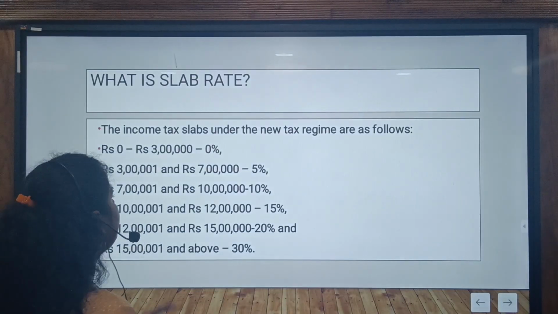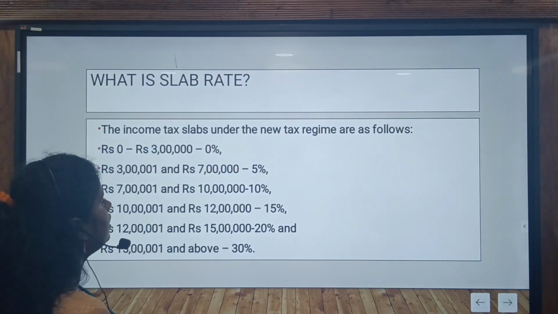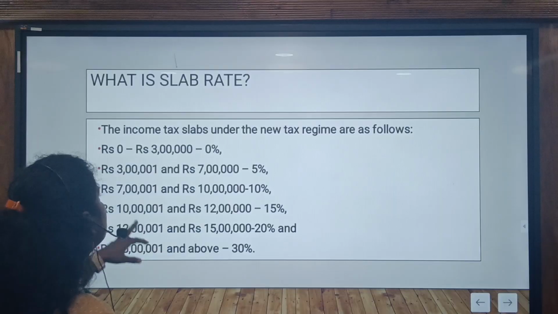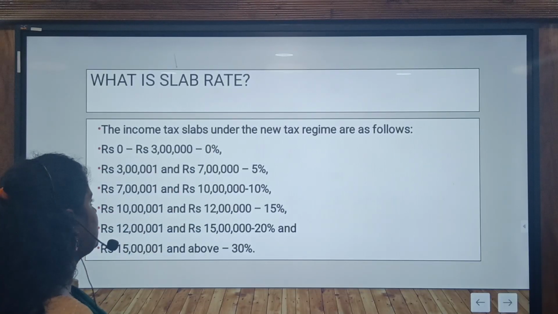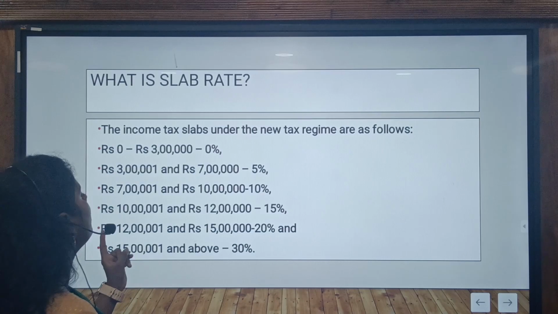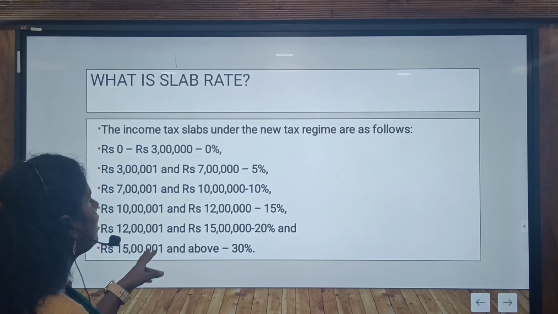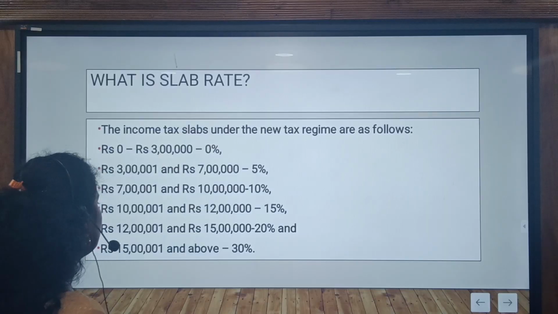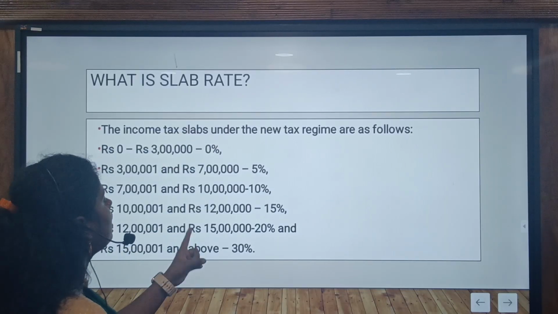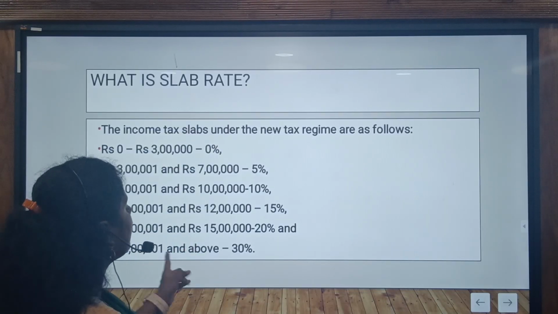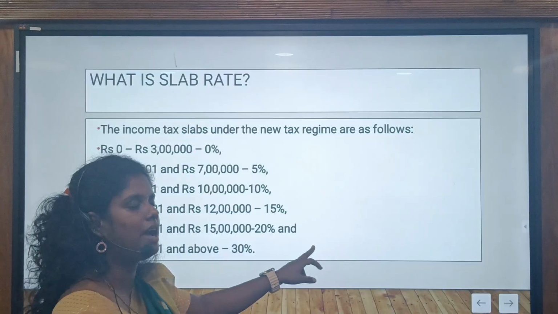What is the slab rate? Here the income tax slabs under the new tax regime are as follows. 0 to 3 lakh it is 0%, 3 lakh to 7 lakh it is 5%, 7 lakh to 10 lakh it is 10%, 10 lakh to 12 lakh it is 15%, 12 lakh to 15 lakh it is 20%, and 15 lakh and above it is 30%, which is the maximum rate.